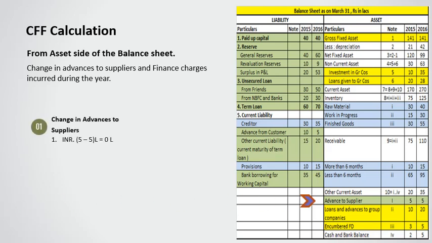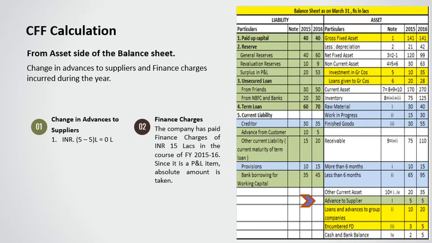From the balance sheet, we can see rupees 5 lakhs in 2016 minus 5 lakhs in 2015 equals 0 lakhs, or no change. Next, the finance charges, which are primarily the interest paid on loans. The company has paid finance charges of rupees 15 lakhs in the course of financial year 2015-16. Since it is a P&L item, the absolute amount is taken.